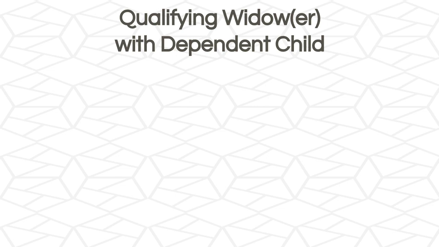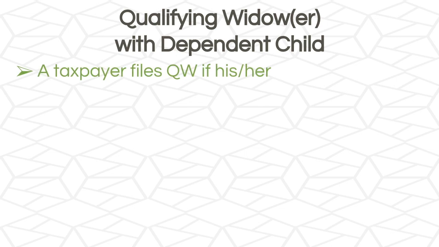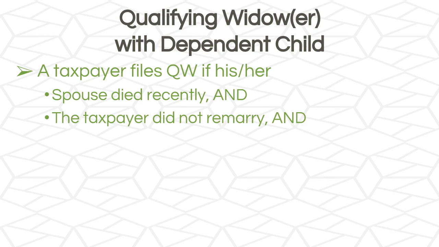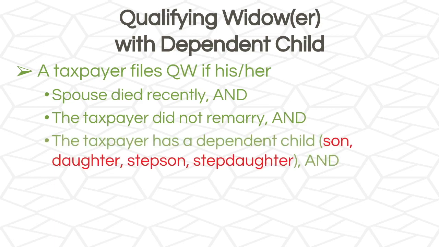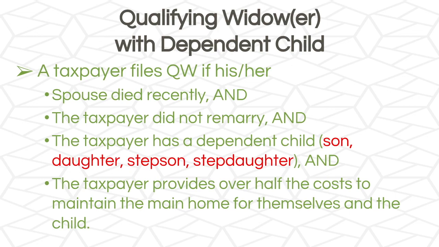Now let's talk about qualifying widow or widower with dependent child. A taxpayer will file with this filing status if his or her spouse died recently and the taxpayer did not remarry, and the taxpayer has a dependent child, specifically a son, daughter, stepson, or stepdaughter, and the taxpayer provides over half the cost to maintain the main home for themselves and the child.